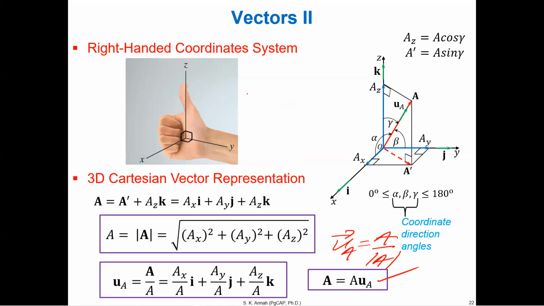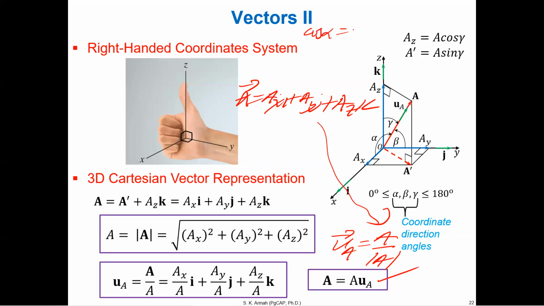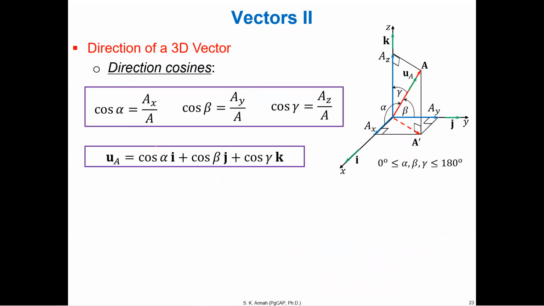So if we define A as Ax i plus Ay j plus Az k, then if you substitute here, you're going to get the unit vector as Ax over the magnitude of A, and so on. And if you come to the diagram, you're going to see that cosine alpha is also linked to Ax over the magnitude A, in that order. So the unit vector can also be given as this.